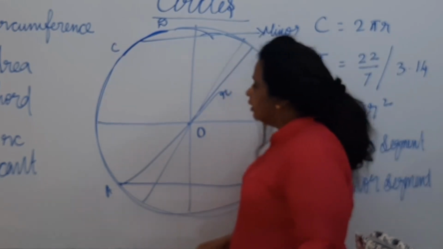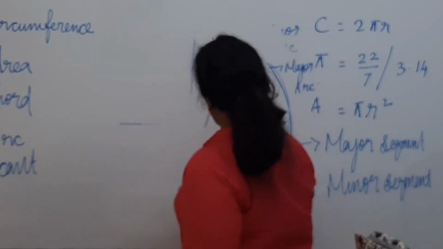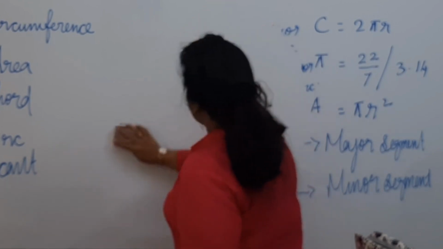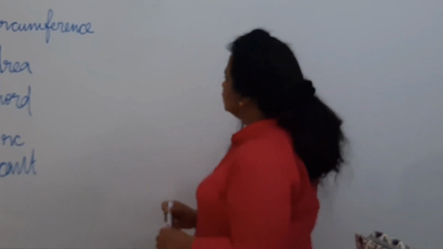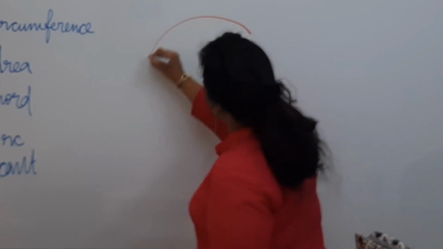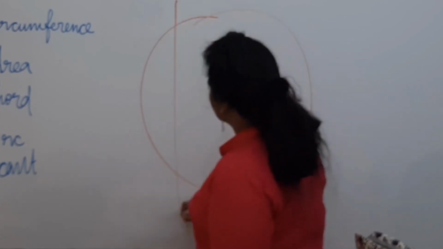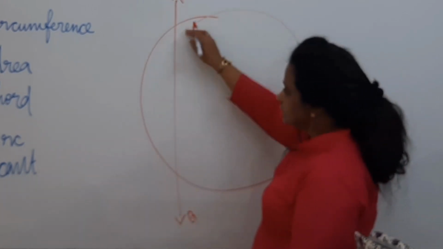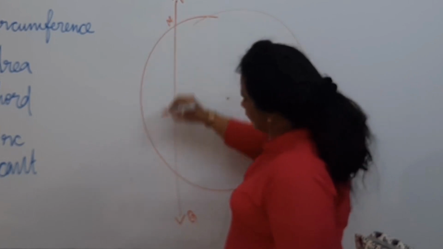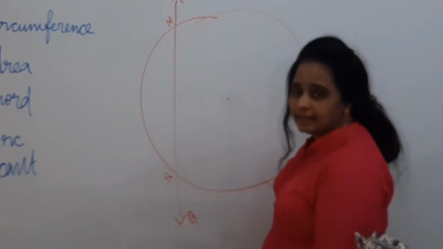So, I have a circle so that the line PQ intersects this circle in two distinct points. PQ is a line which intersects the circle at the points M and N. So PQ we call a secant.